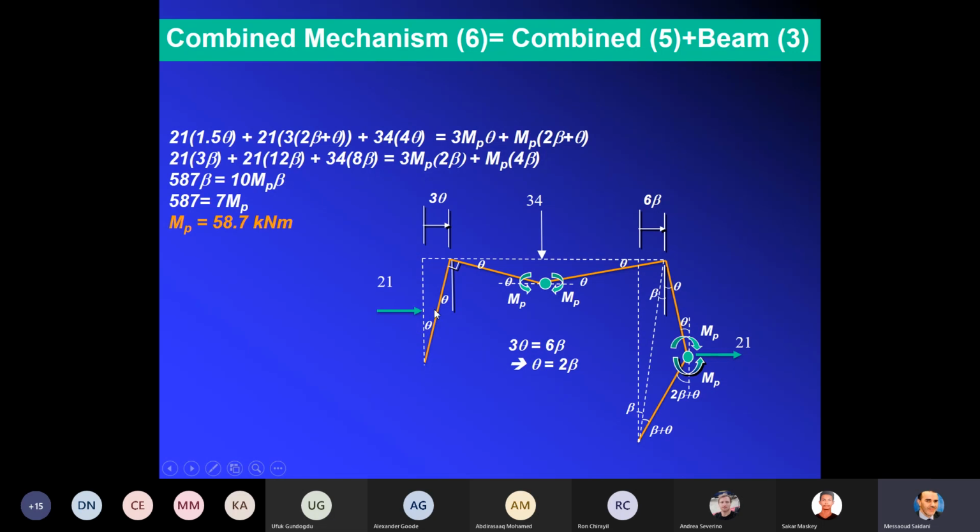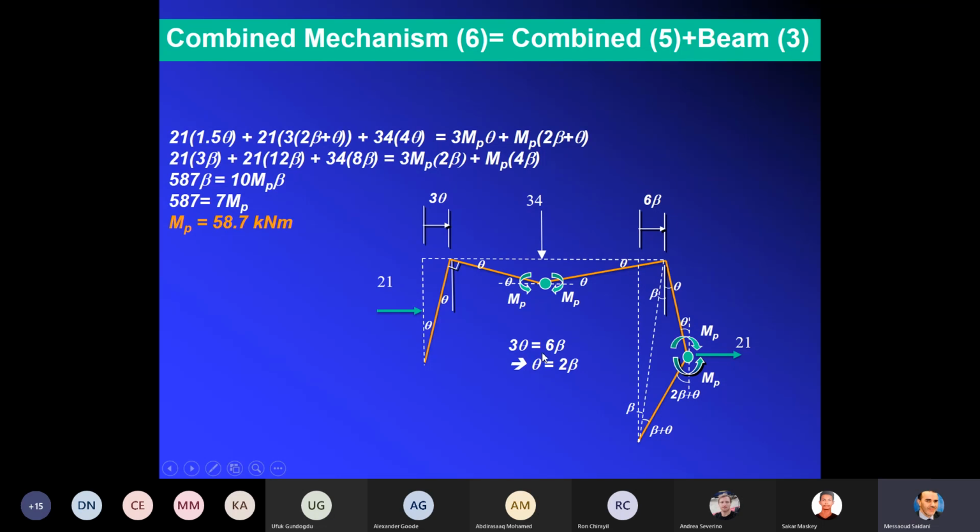We have 21 times the displacement here, 1.5 theta, plus the 21 here times the displacement, which is 3, that's the length, times 2 beta plus theta, plus 34 times 4 theta, this is the displacement here, equals MP theta plus MP theta plus MP theta, that's 3 MP theta, and then MP times 2 beta plus theta, which is the internal work for this part of the column, right?